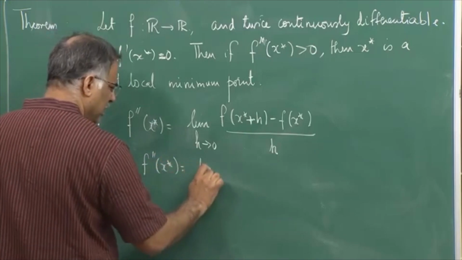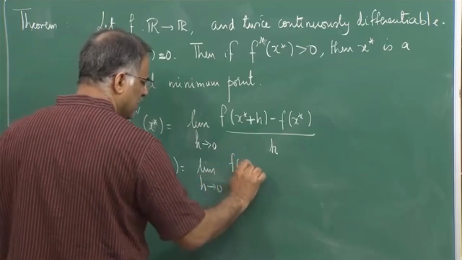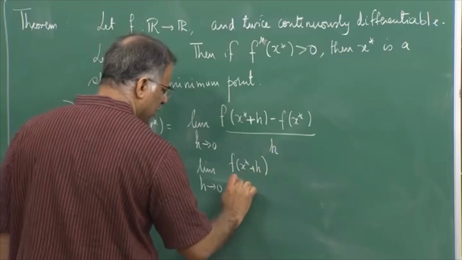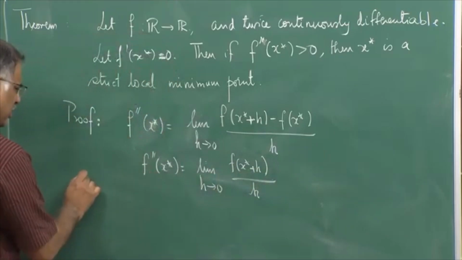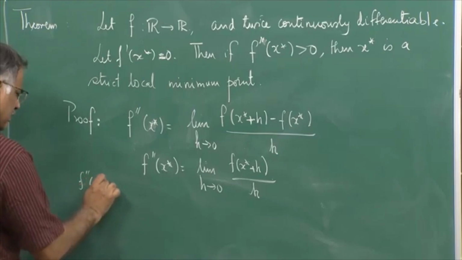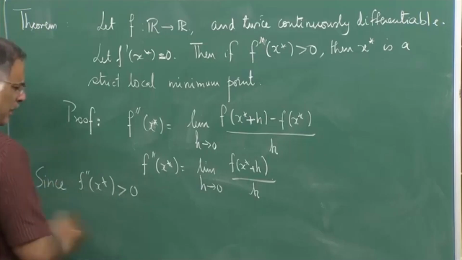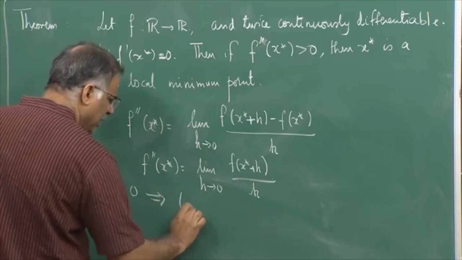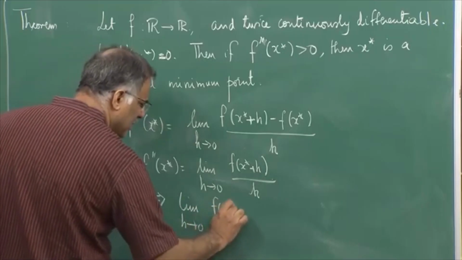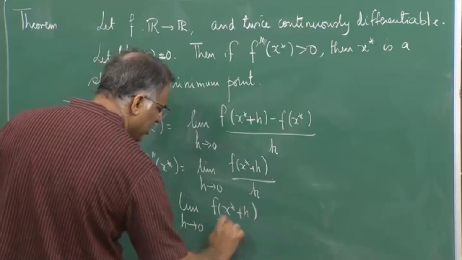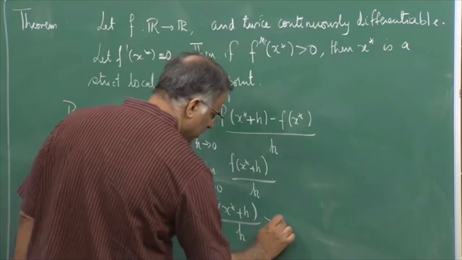So this is nothing but the limit as h tends to 0 of f(x* + h) by h. Since f''(x*) is strictly bigger than 0, it would imply that this limit is strictly bigger than 0.